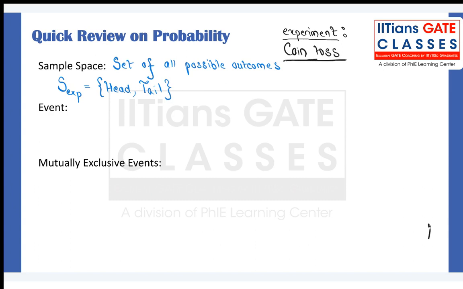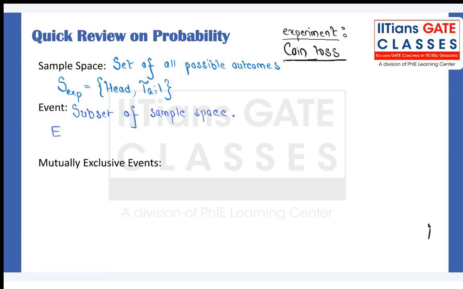What is an event? Event is nothing but a subset of the sample space of an experiment. Since I already said the experiment on top, that's why event is a subset of the sample space.